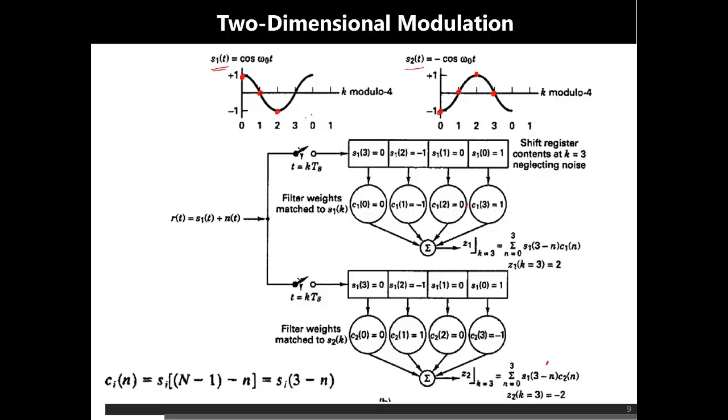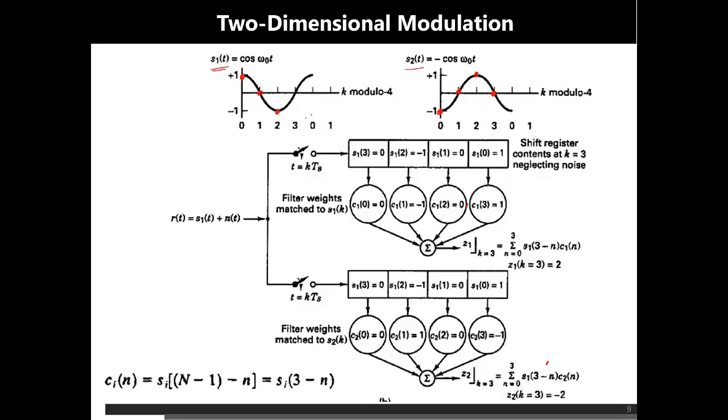Let's suppose that the received pulse at this particular symbol period is S1. The same received data will be convolved with the matched filter coefficients in both the branches, and the branch which gives the maximum answer, that corresponding symbol will be detected as the received symbol.